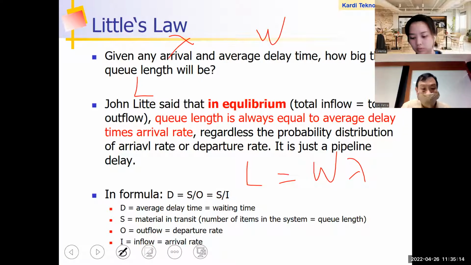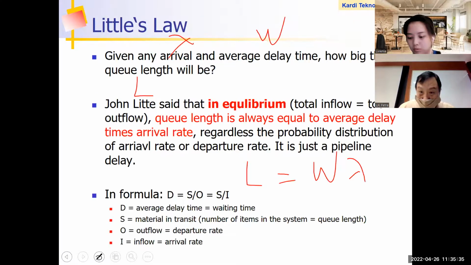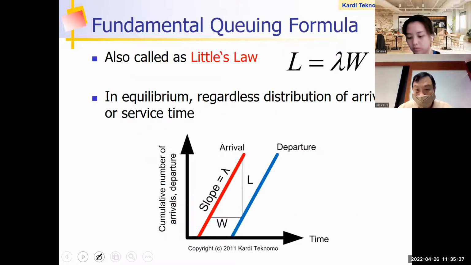You can also put it this way: if O is outflow, E is inflow, and S is the queue length, you can also calculate using this formula. So this is Little's law: L equals lambda times W.